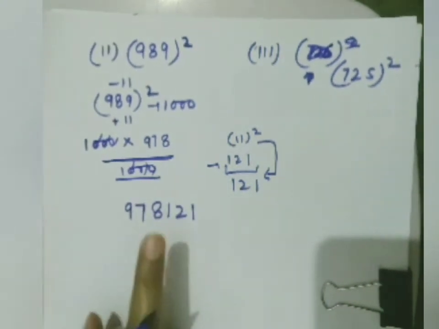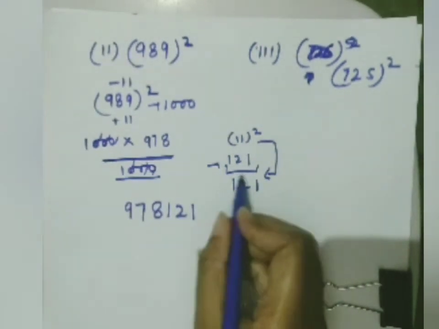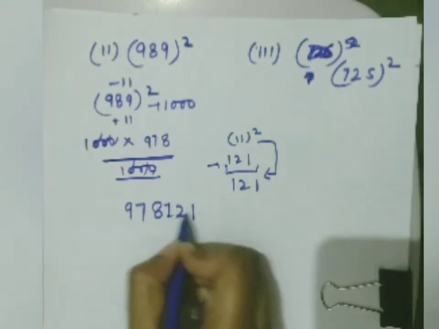This is the way you have to write it down, because here we have picked all three digits, so we write it as it is.